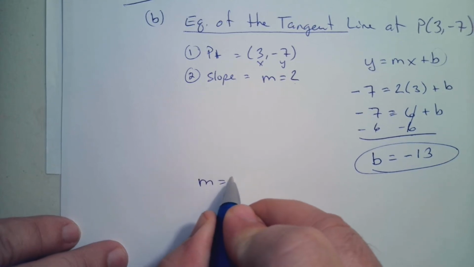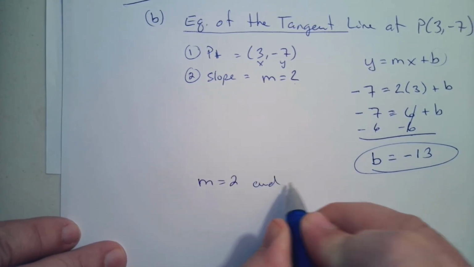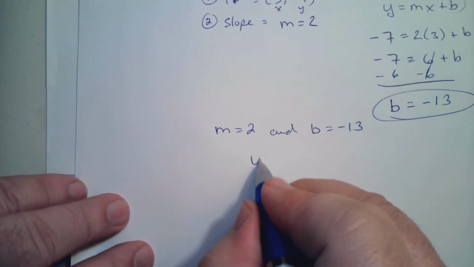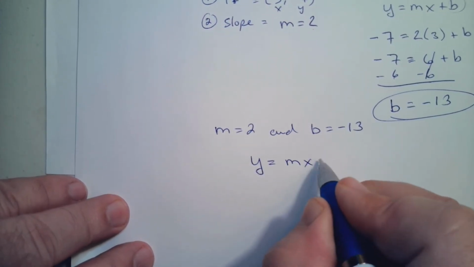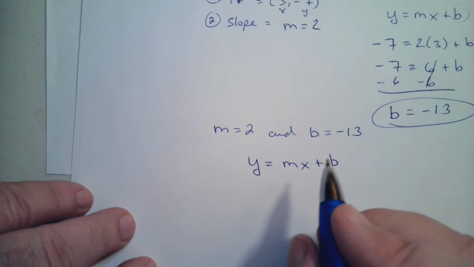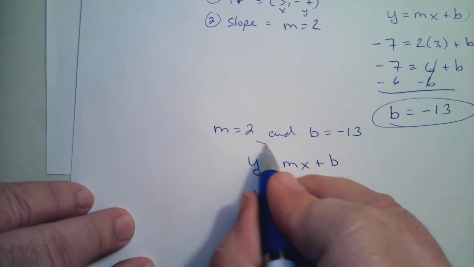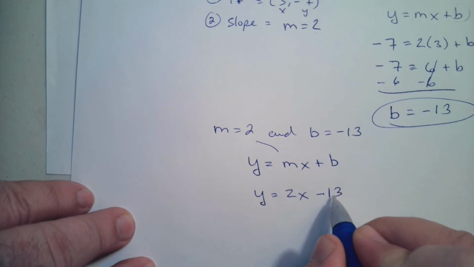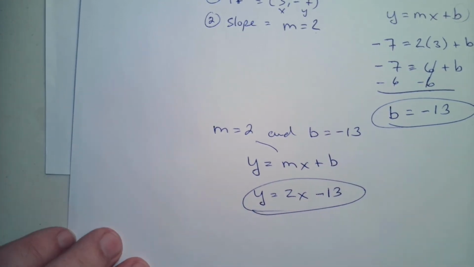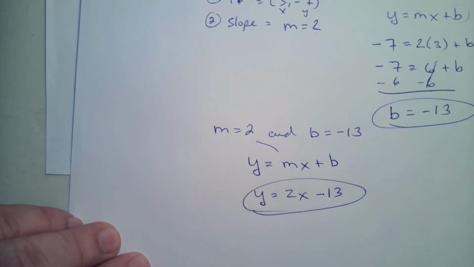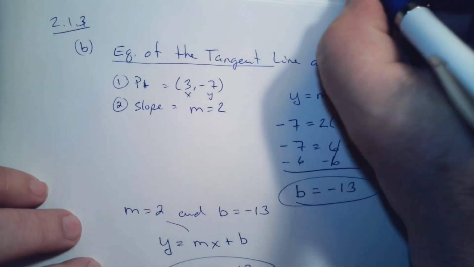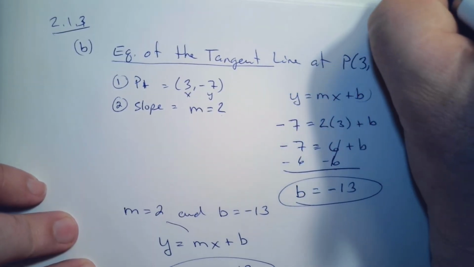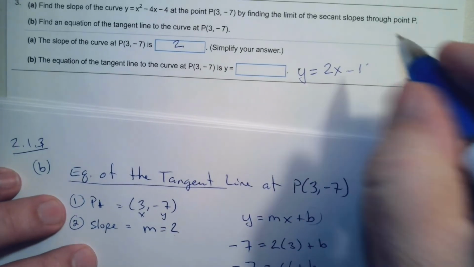So we have our slope is 2, and our y-intercept is negative 13. Put it back into our equation. The slope is 2. B is negative 13. And there's our equation of the line tangent to the curve: y equals 2x minus 13.